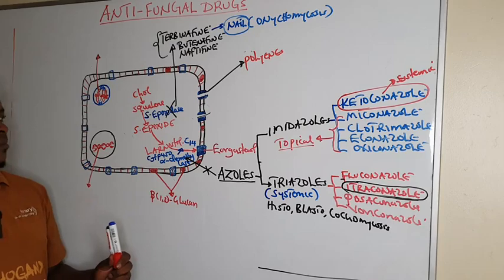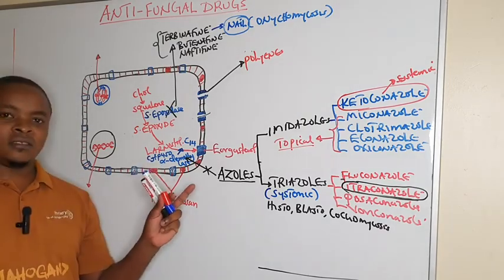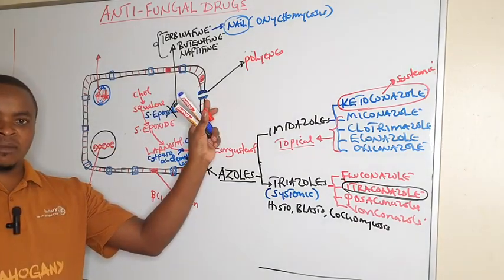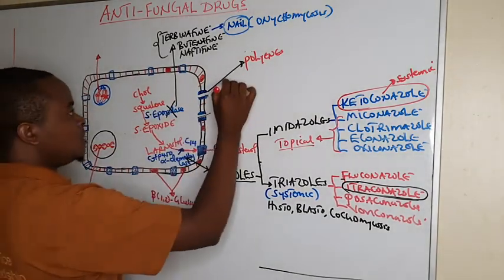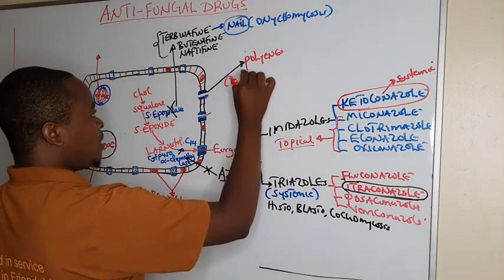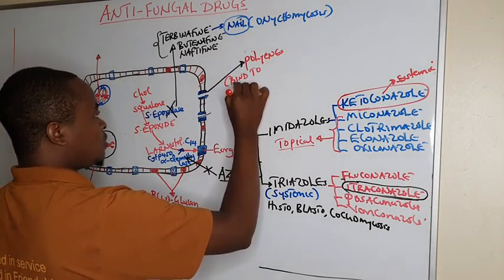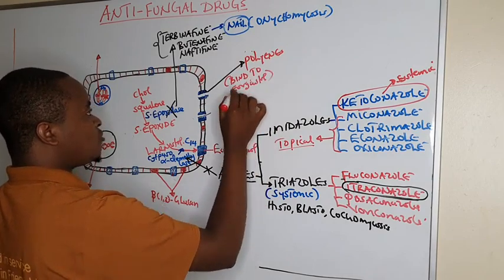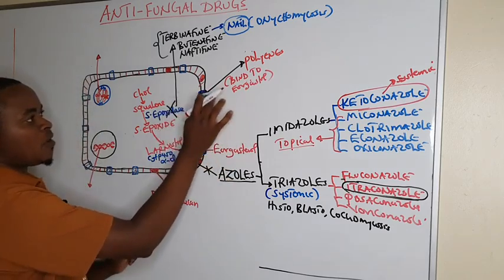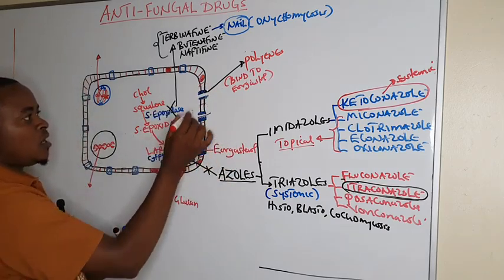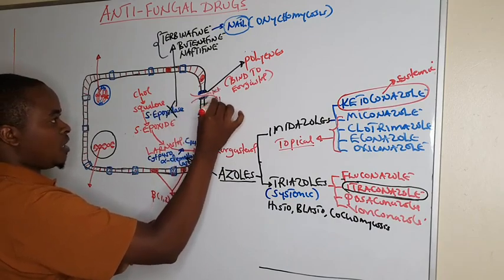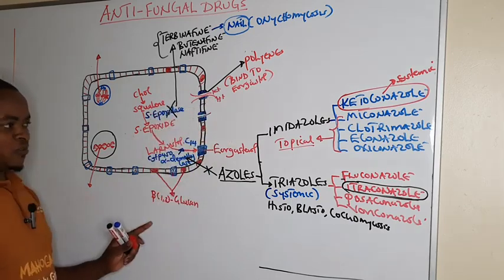They target by binding to the ergosterol in the cell wall. After binding to ergosterol, they create pores, leading to the leakage of intracellular contents such as potassium and hydrogen, leading to fungal cell death.